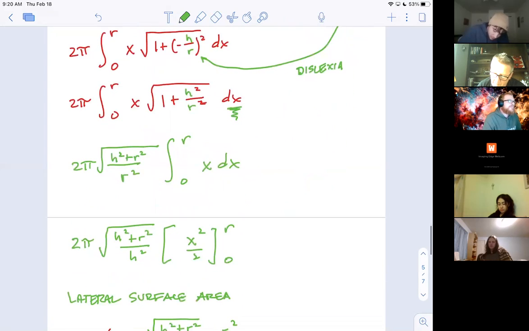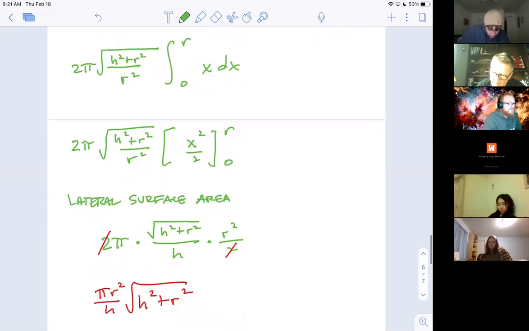So that's an R squared. So that means this is an R squared. So then when I plugged it in down here, this was supposed to be an R. So that's helping. But I still lost that 2.